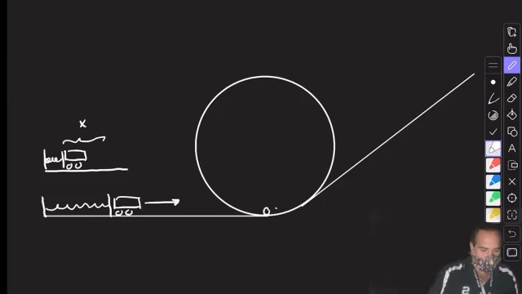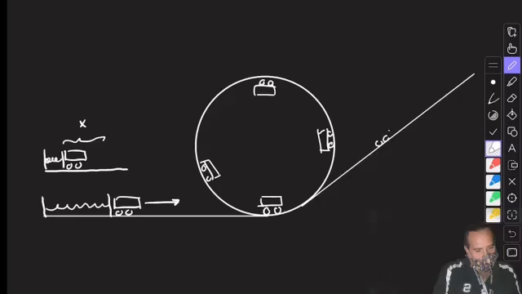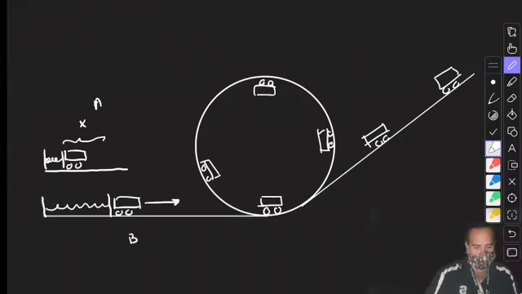And the car can travel through maybe several different places on the track. So I got A, B, C, D, E, F, G, H.